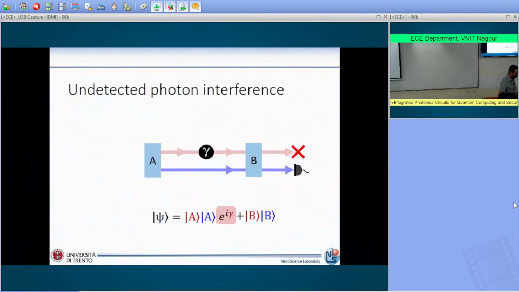This phase shifter? Yeah. So this is the object that Chiara was moving in the beam that I've shown you. Okay?